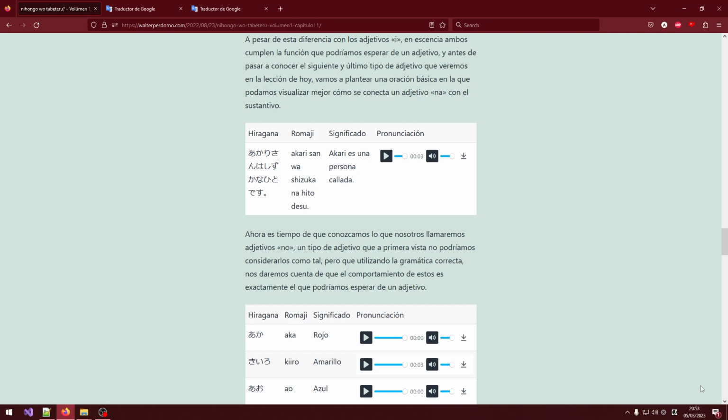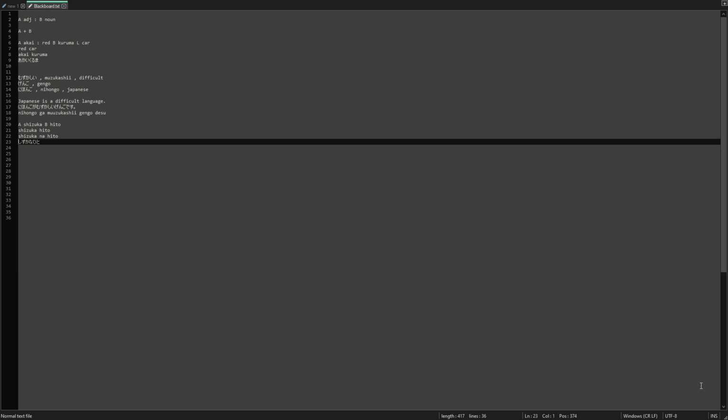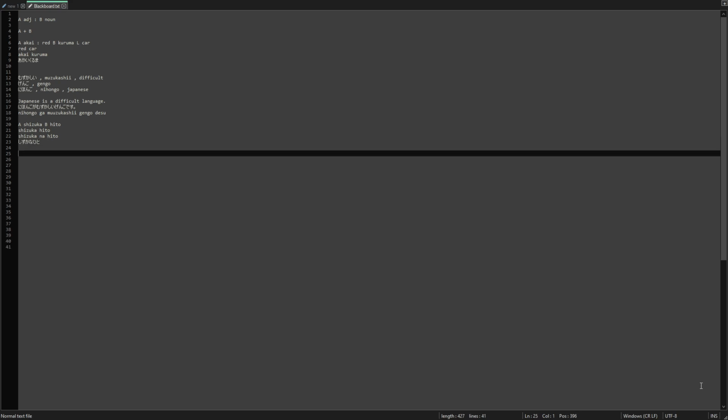And then we need another noun. Basically the grammar equation for this one is: we have A, which is a noun, then we have B, which is the particle no, and then we have C, which is another noun.